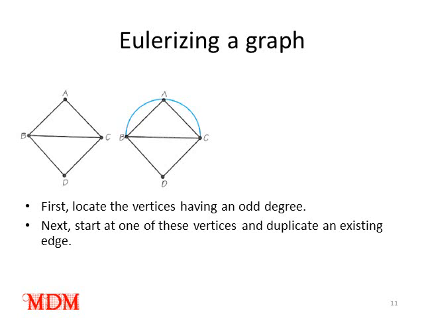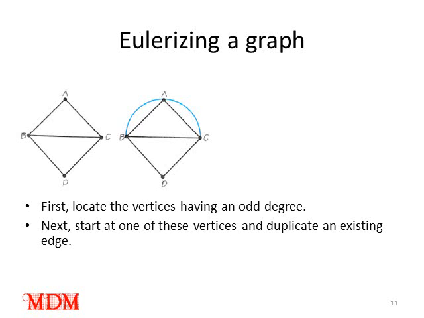Here I've done 2 duplications because I wanted to make sure that both B and C have an even balance. So I duplicated edge BA and then I duplicated edge AC.